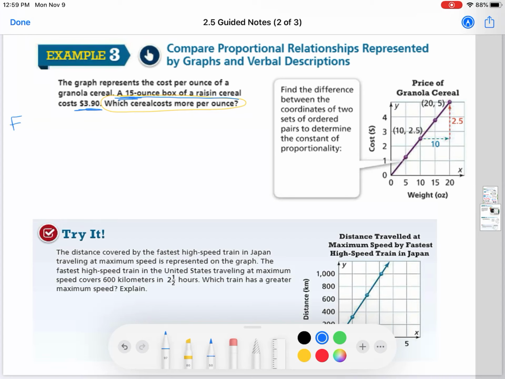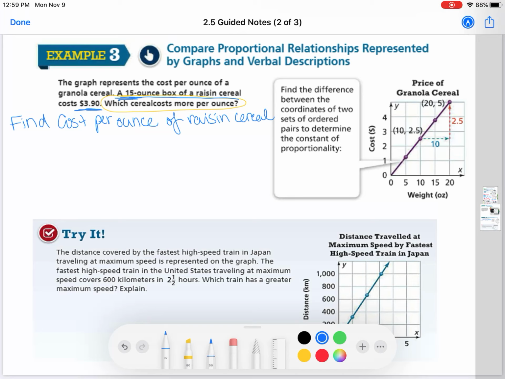So here's the first thing we're going to do, and it'll take me a second just to write it. I'm going to try to write decently small and neat. So we need to find the cost per ounce of the raisin cereal. So we don't know that. All we know is that for a whole bunch of ounces, for 15 ounces, we know what the total cost is.